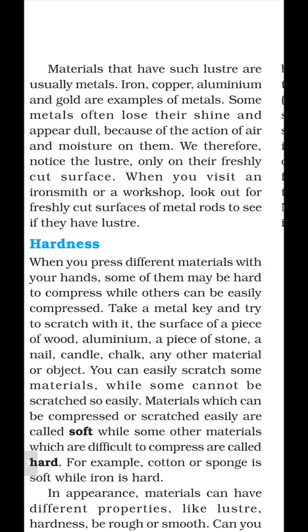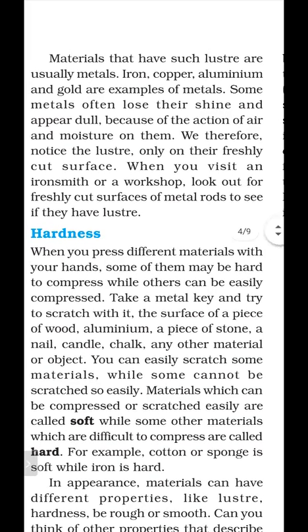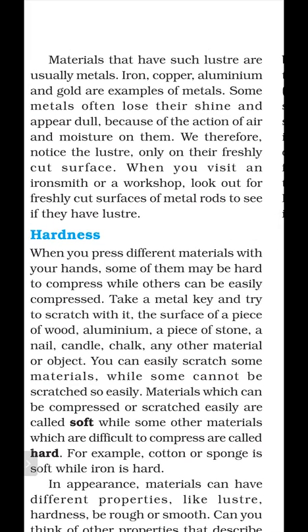And so it becomes non-lustrous. So the question arises: when does a metal become non-lustrous? When metal reacts with water or air, then it becomes non-lustrous. So these are the examples of lustrous and non-lustrous.